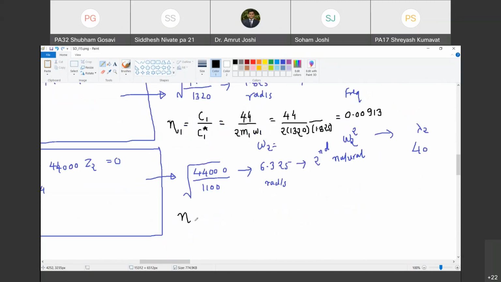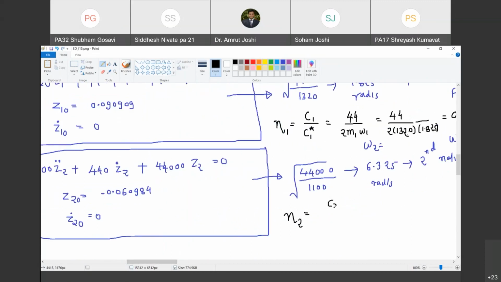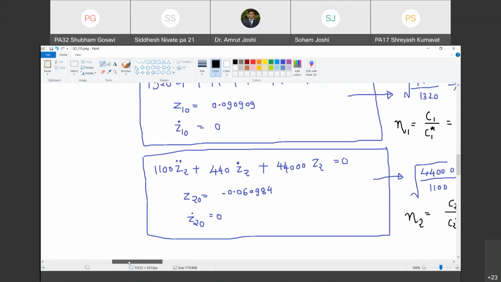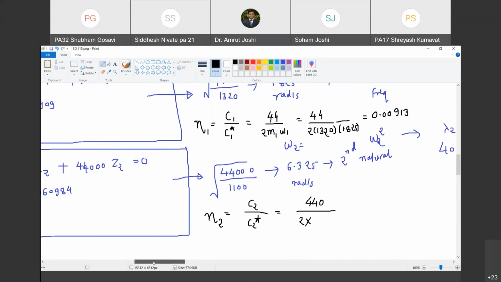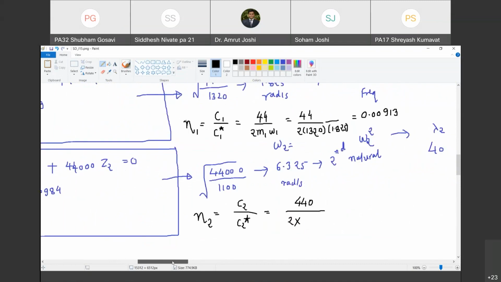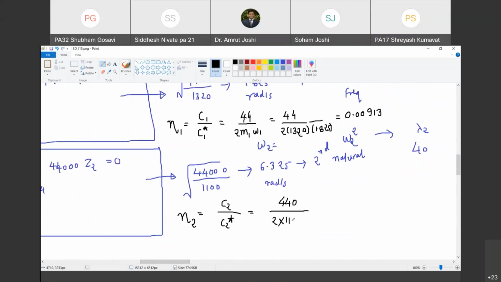Now let us try to find out eta 2. So in this equation, eta 2 will be equal to C2 divided by C2 star, where C2 is the damping coefficient for this equation. What is the damping coefficient for this equation? 440. And what is C2 star? It is 2m omega. So what is the value of m here? 1100. And what is the value of omega here?